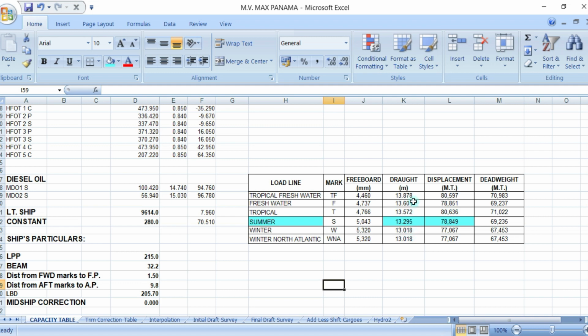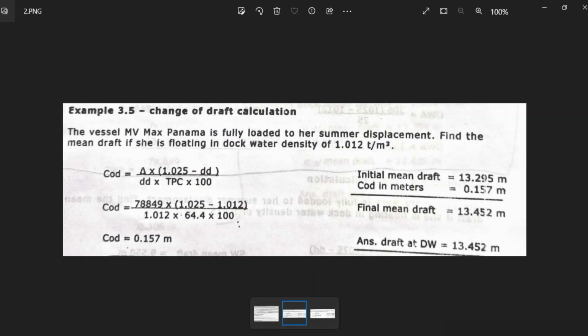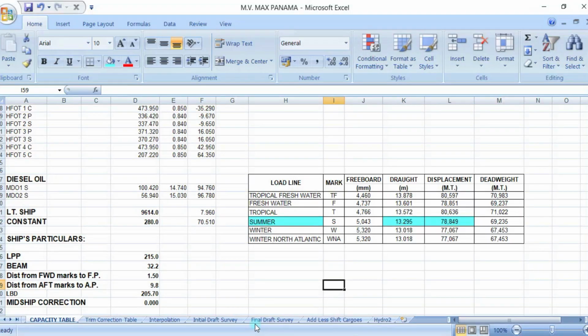Forward maximum draft is 13.295 and this displacement is 78849, which is this one, and his maximum draft is 13.295.